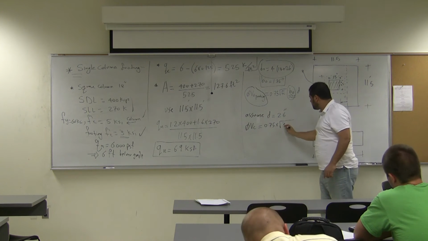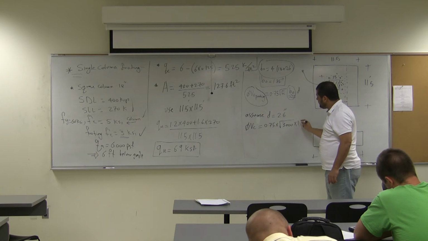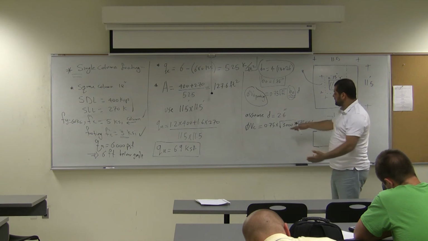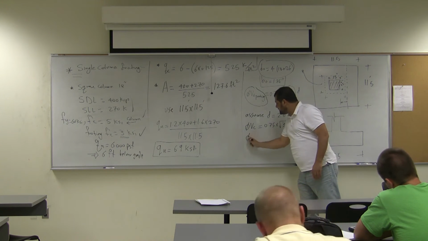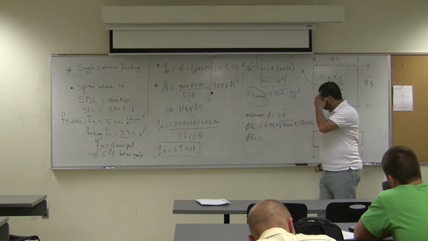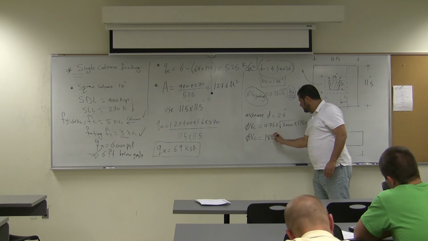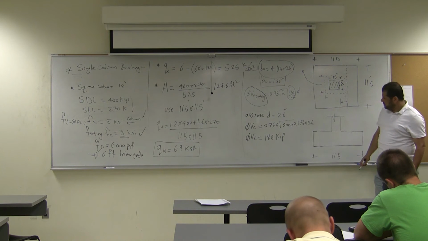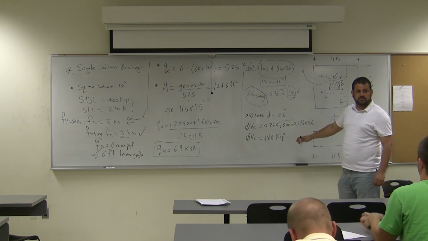So this 3,000 times b naught, which is 176, sorry, times d, which is 26. This equation will be in pounds always. You divide by 1,000 to get it in kips. So Vc equals 188 kips. That much? Sure? Seemed like a lot to me. Is that what you get, guys?